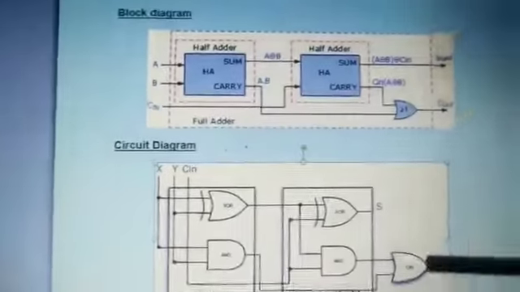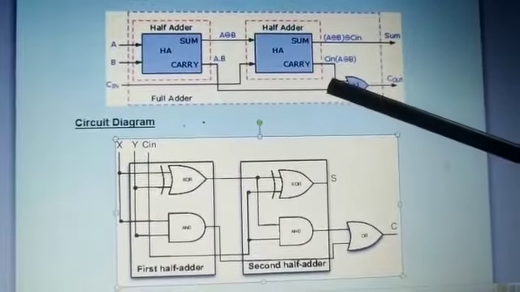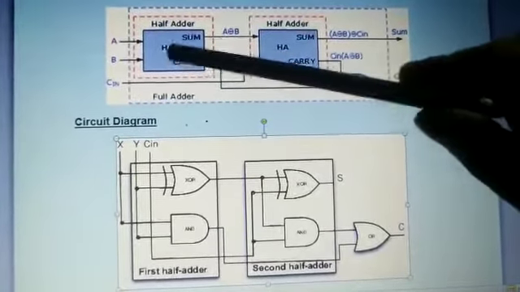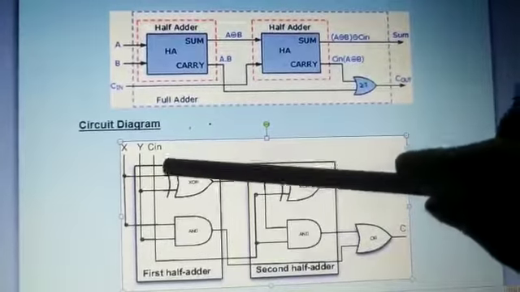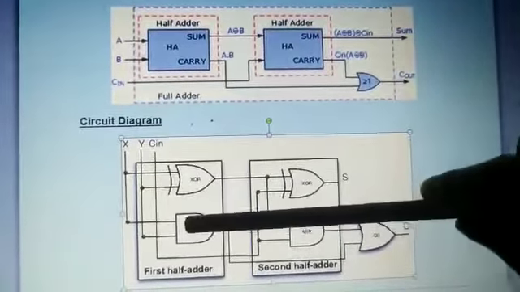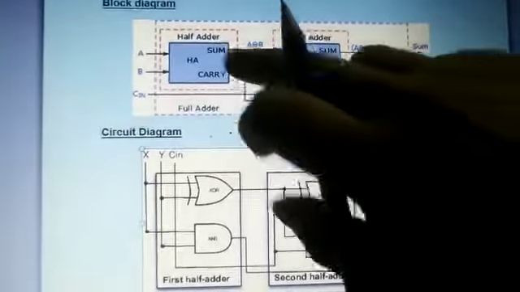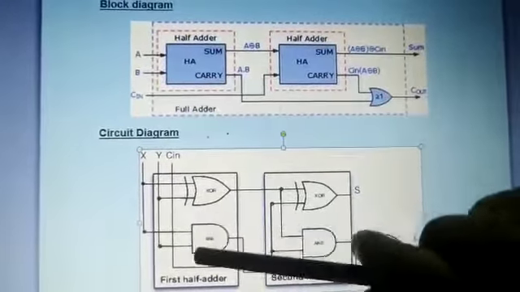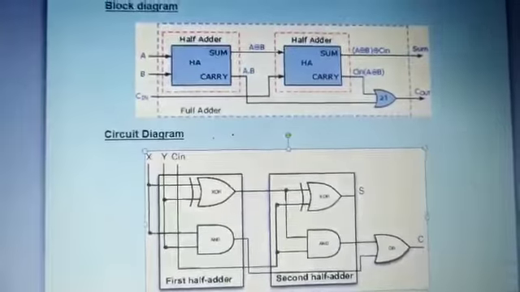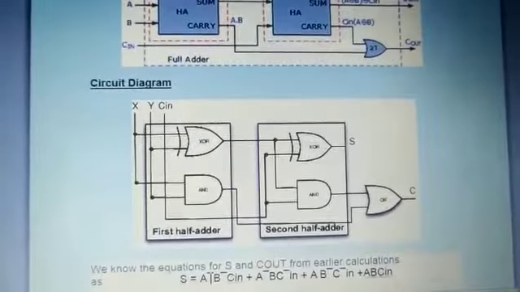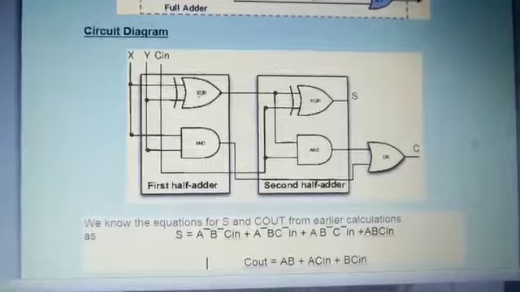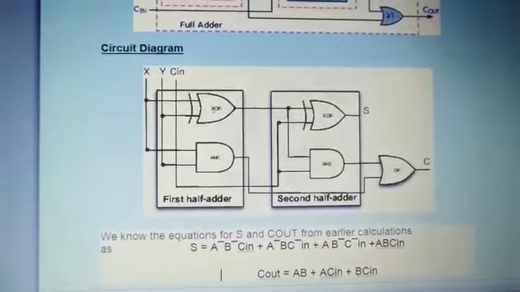This is the circuit diagram, and the earlier one was the block diagram. Instead of these square blocks, each is represented by the circuit diagram of an individual half adder. There is no change, you can replace each block with an XOR gate and an AND gate.